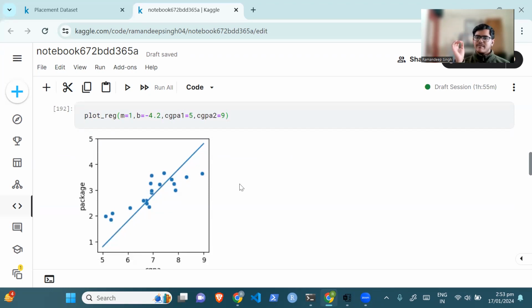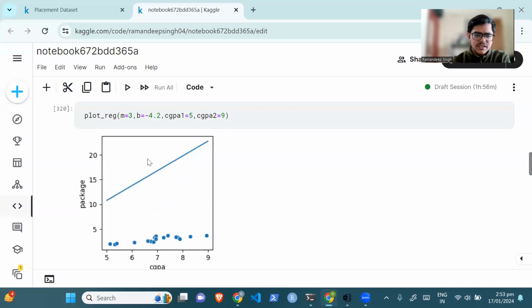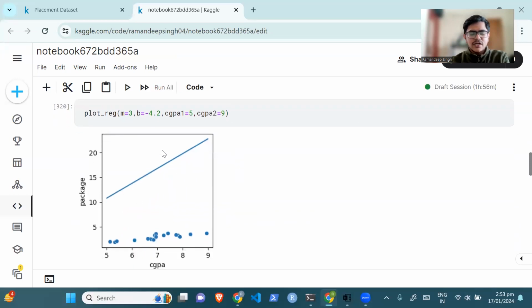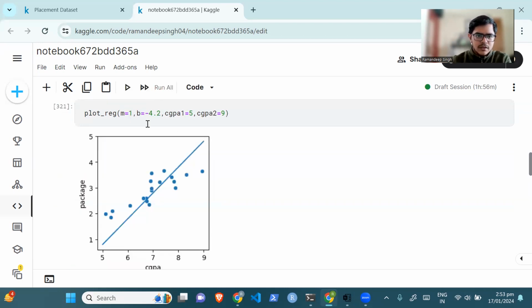But this is not the optimum line. If I change the value of m, you will notice the line shifting downwards or upwards. If I take the slope as 3, you will notice it shift. It is not fully visible here, but my line has shifted upwards due to the change in slope.